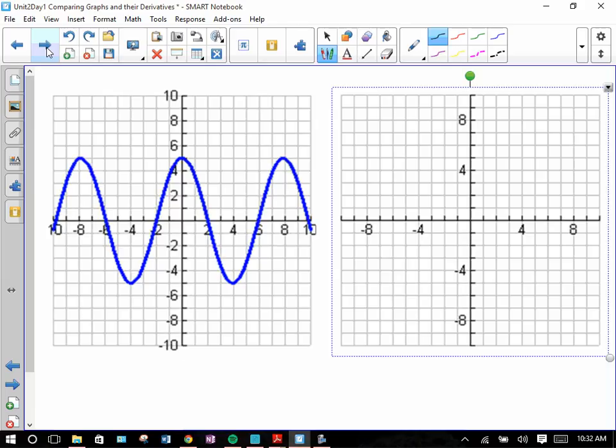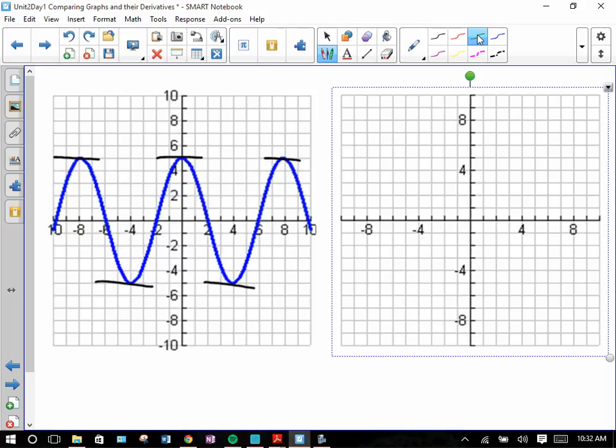Alright. So what's the first thing we want to identify? We want to identify where the slope of the tangent line equals 0. So where would that be? Well, we have one right there, here, here, here, here. So where does our slope equal 0?